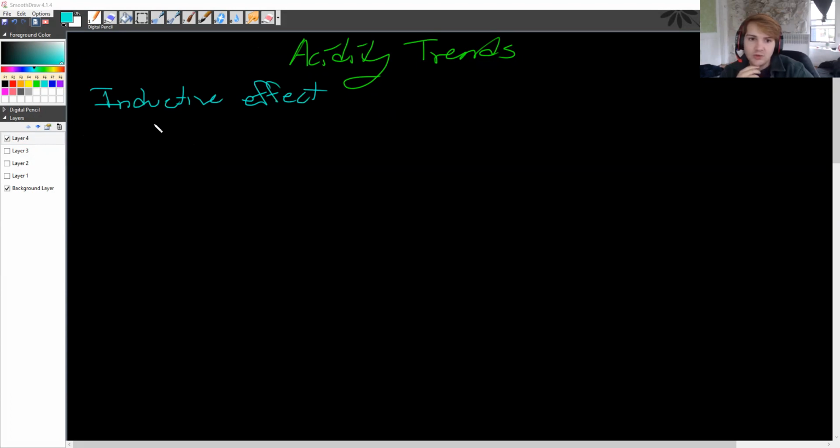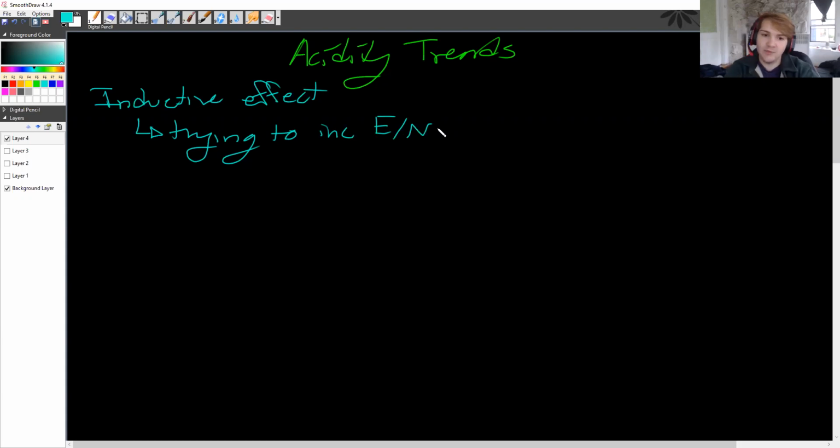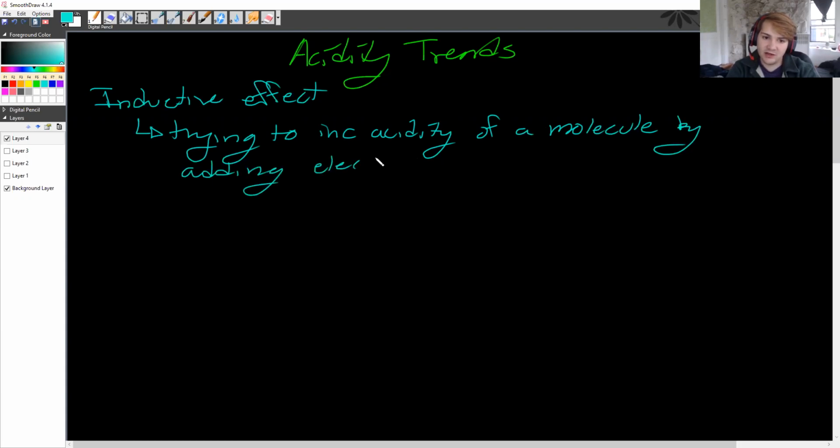And essentially what we're trying to do is increase the electronegativity, trying to increase the acidity of a molecule by adding electronegative atoms or groups.